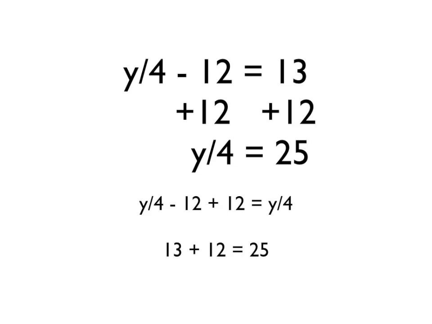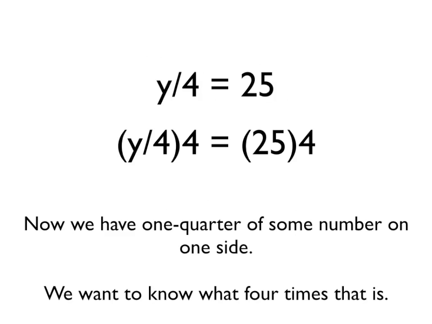Because the 13 plus 12 is 25, and the y over 4 minus 12 plus 12 is y over 4. You know, you got some money in your wallet, you got $42, you take out 12, you got 30, you add 12 back in, you got back to the 42. So now, y over 4 is 25.